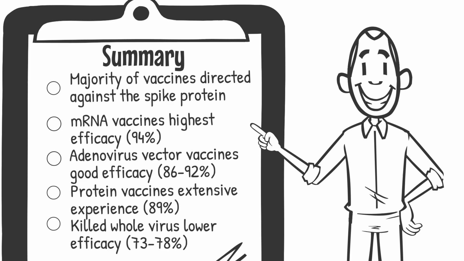The tried and true purified protein vaccines combined with an adjuvant have similar efficacy to the adenovirus vaccines, 89% efficacy. Killed whole SARS-CoV-2 virus is a somewhat less effective vaccine, protecting against disease with an efficacy in the mid 70% range.